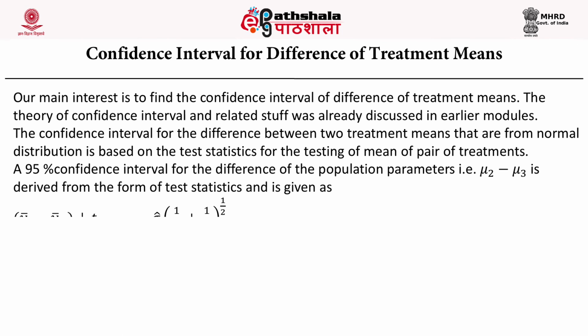A 95% confidence interval for the difference of the population parameters, that is mu2 minus mu3, is derived from the form of the test statistic and is given by y3 dot bar minus y2 dot bar plus minus t at 2.5% level of significance with n minus p degrees of freedom into sigma hat into (1 upon n3 plus 1 upon n2) whole power 1 upon 2.